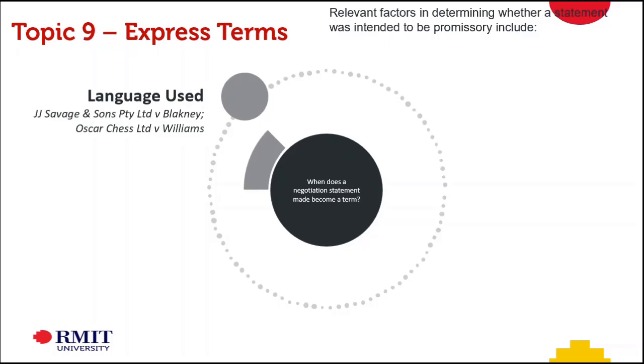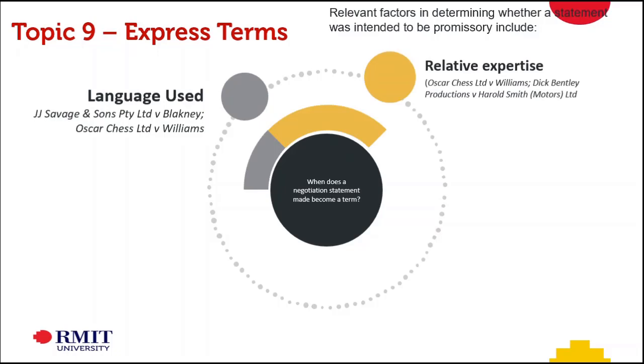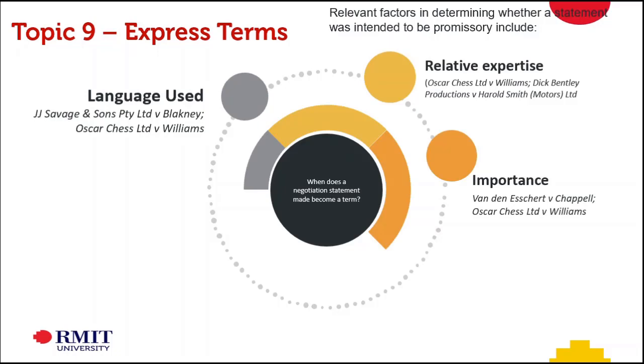Oscar Chess and Williams, Lord Justice Denning's discussion there about what a person we could imagine what he would say if he was challenged to promise that it was a 1948 Morris. He would say, oh, I don't know anything more than you, you're the expert. Relative expertise. Again, who is the one who is in the best position to know what the end result is? How important it was.